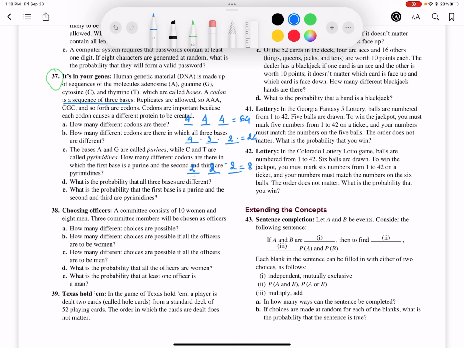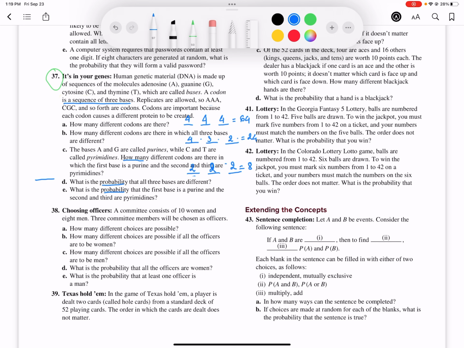What is the probability that all 3 bases are different? You notice that in part D, they're asking us to find the probability, and part E is also the same. In part A, part B, and also part C, they're asking you how many. To find the probability, it has to be a fraction. The bottom has to be the total, and the top one is the number of the event.